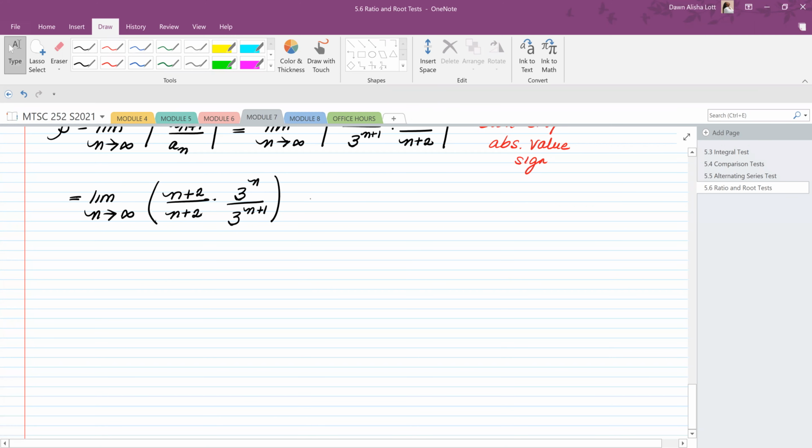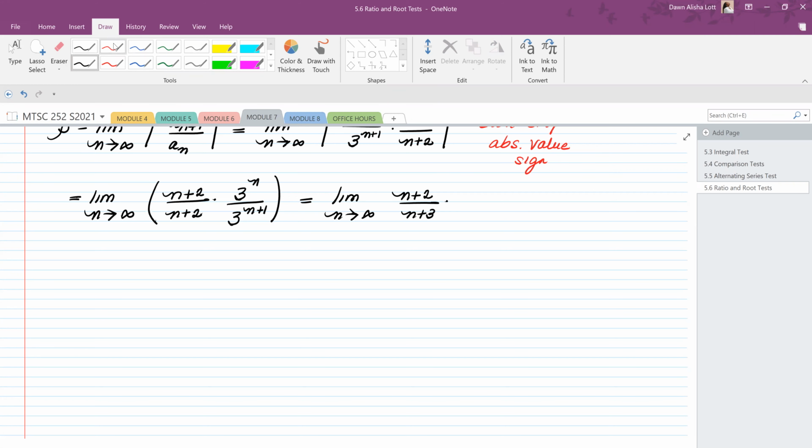So now this is the limit as n approaches infinity. I'm going to get n plus 2 over n plus 3. And then again, Destiny, this is the same type of problem. 3 to the n is going to cancel with the 3 to the n, but leave a 3 in the denominator.